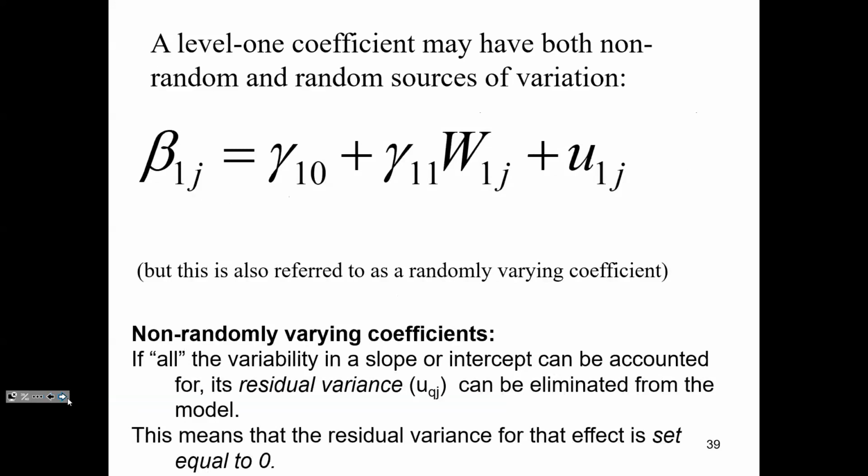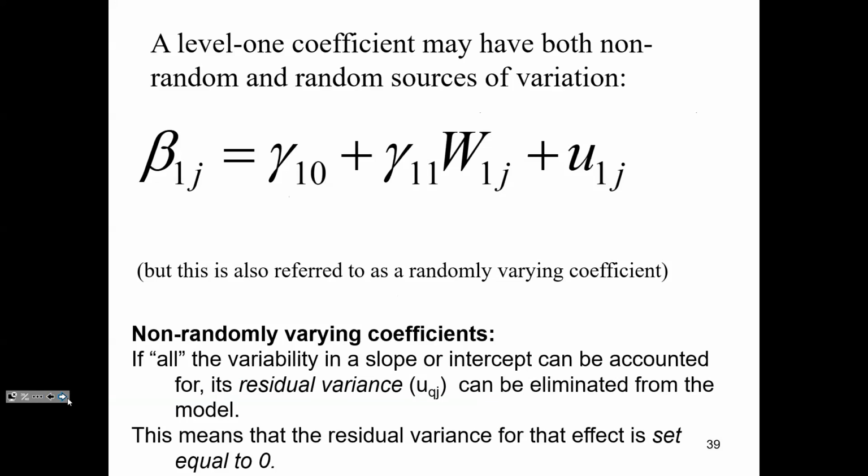Because notice that gamma 1 is not randomly varying across clusters. We only have one estimate of gamma 1, and that cross-level interaction is helping to explain variability in the SES slopes, but it itself is just one coefficient for the whole sample.